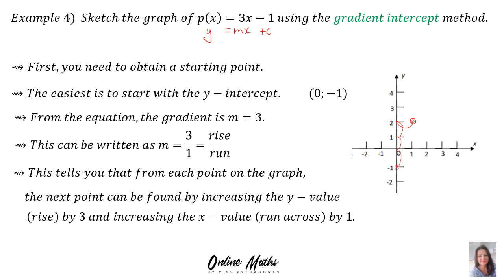Our starting point was there at the y-intercept. We did the rise over run. We ended with the point (1, 2), and we joined the 2 points, and then there's the graph of p of x. And that's how the gradient-intercept method works.